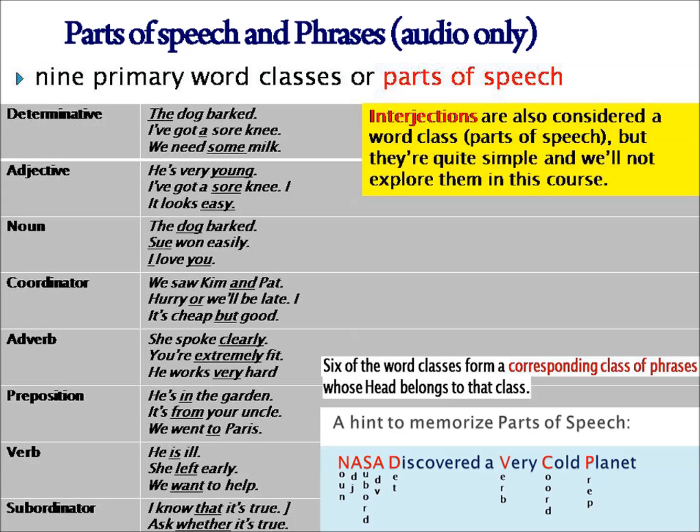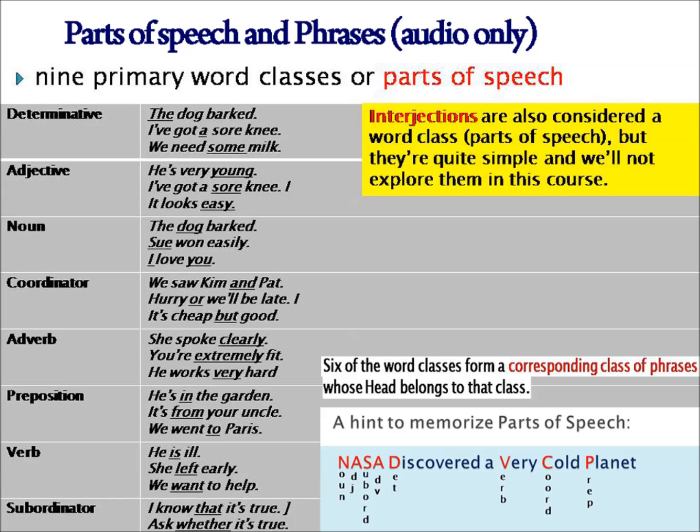Okay? We have 6 possible phrases, possible classes of phrases in English. Okay? So each of these phrases have as its head one of these grammatical classes or word classes or parts of speech. Okay?